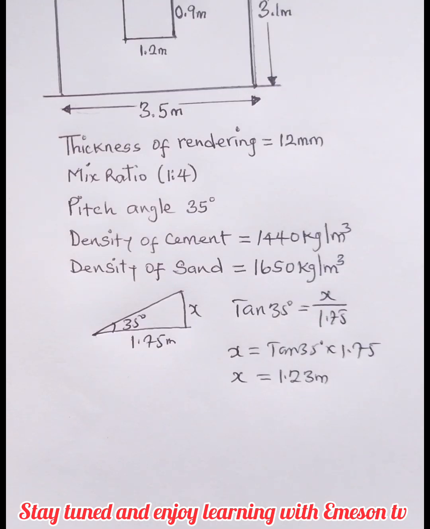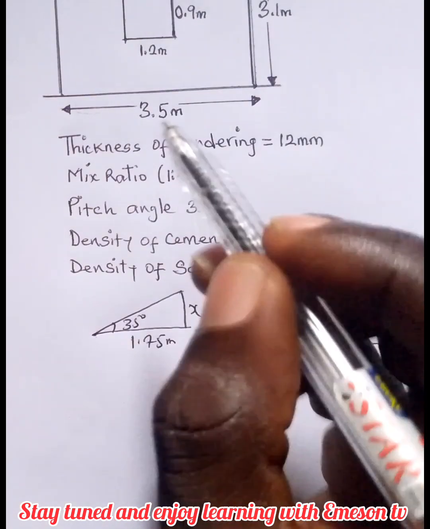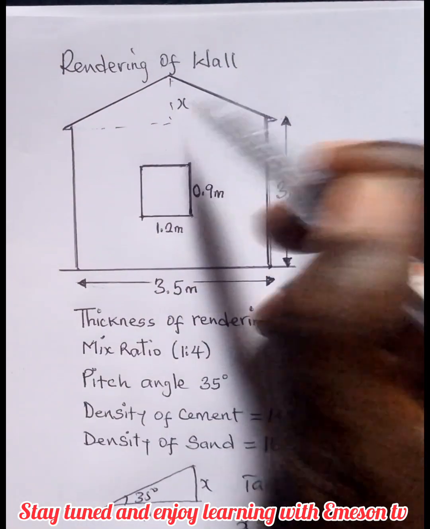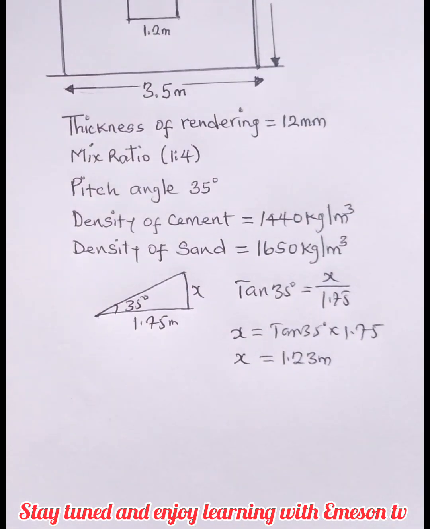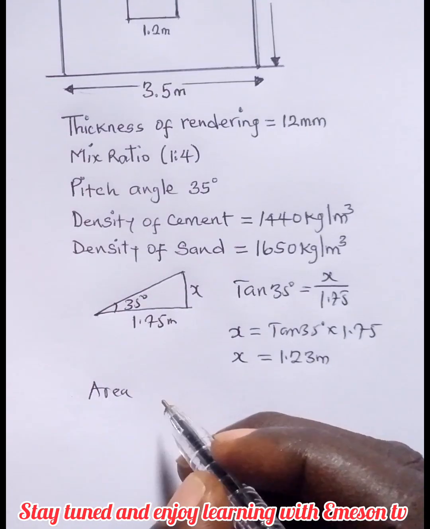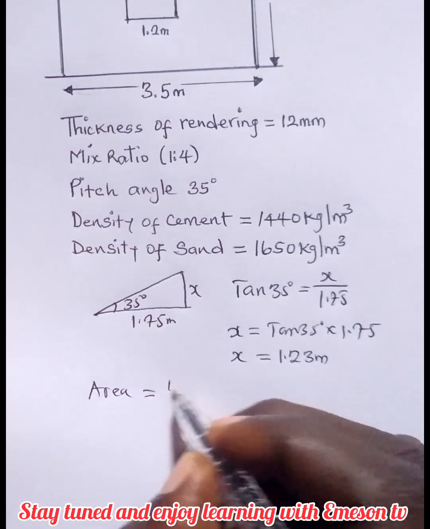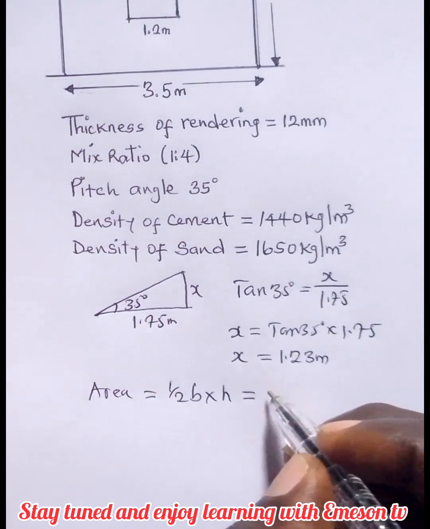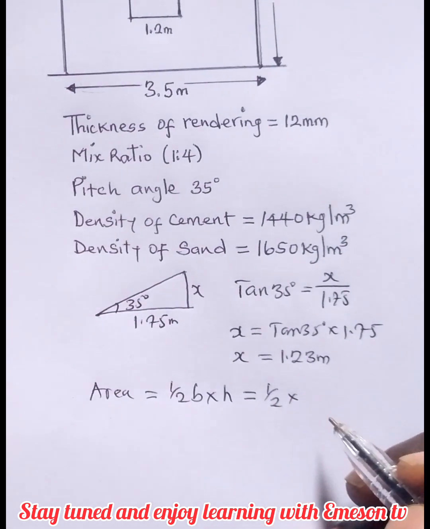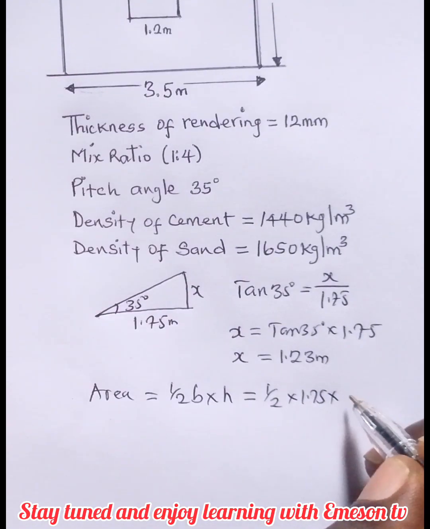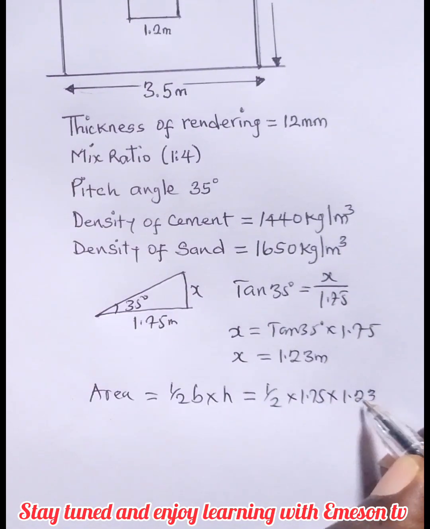So having known that, for us to get this area, with the knowledge of S, it's not easy. So what we need to do is this: have the area of a right angle triangle. Area becomes half base times height. The base is 1.75. The height is the value of S, which is 1.23.